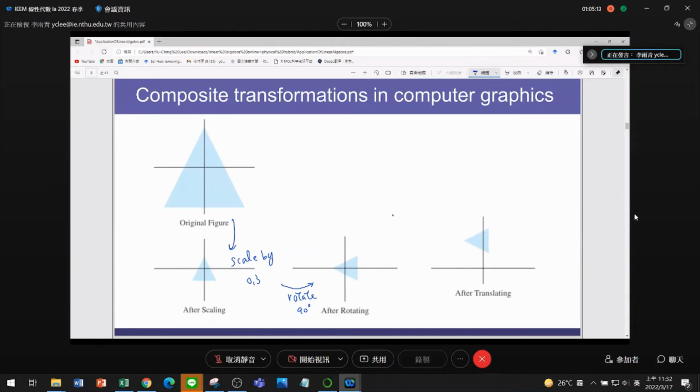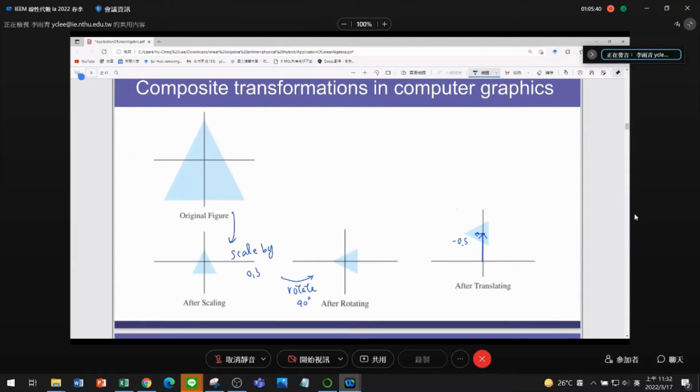And then the translating is moving it up and to the left with the point negative 0.5 and 2, the translation.